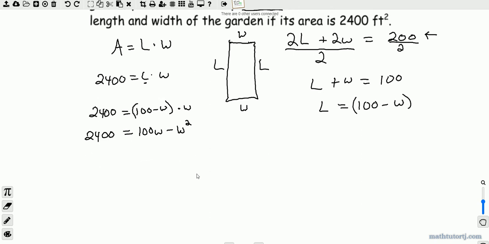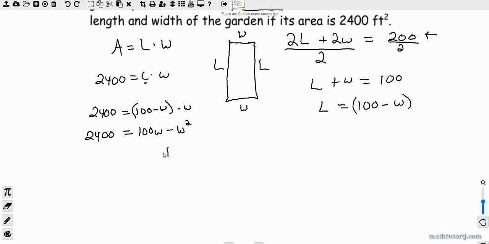So I'm going to put this quadratic in standard form, and my goal is to get rid of this negative in front of my square term. It makes it more difficult to factor, at least to me. So I'm going to move everything on this side over to the left side. How do I do that?